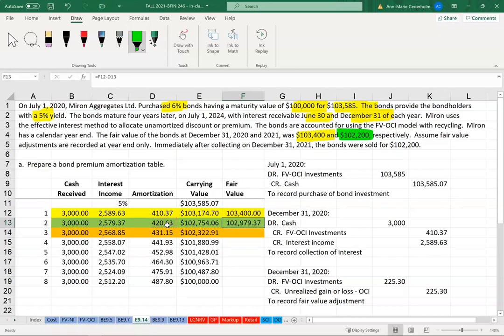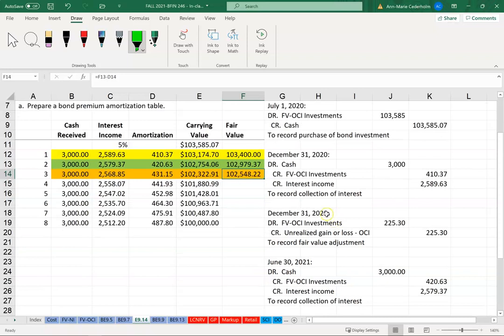So that brings my balance down to $102,979. And then again, if I take that last balance and I subtract the 431.15, then that gives me a balance of 102,548.22.